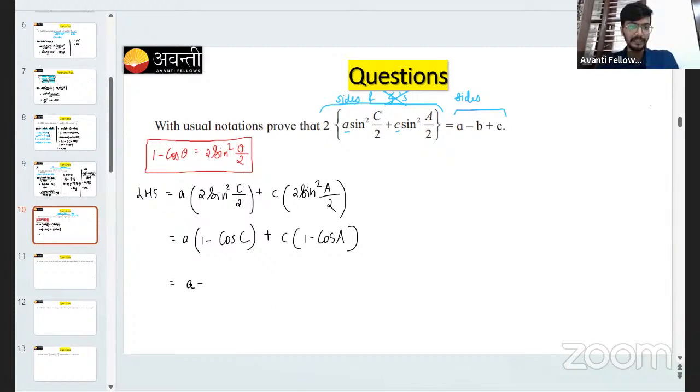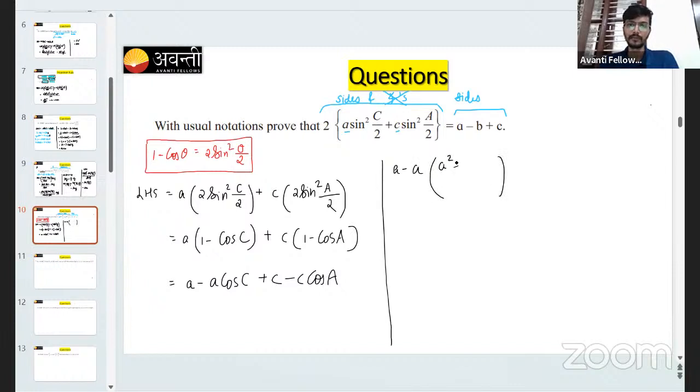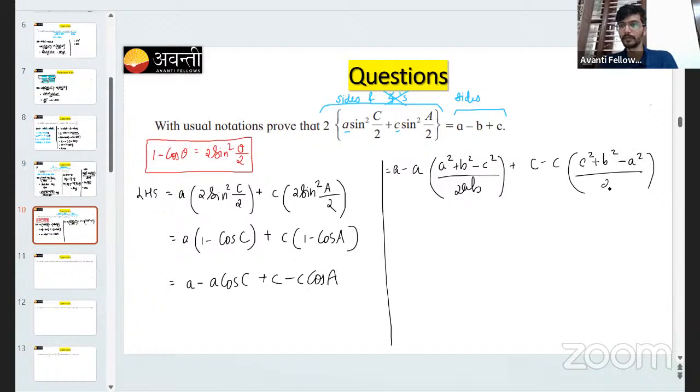If I open the bracket, I'll get A minus A cos C plus C minus C cos A. That means in place of cos C, I can write A square plus B square minus C square upon 2AB, plus C into, in place of cos A, I can write C square plus B square minus A square upon 2BC. Here A will get cancelled, here C will get cancelled.